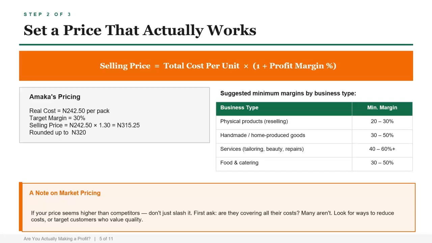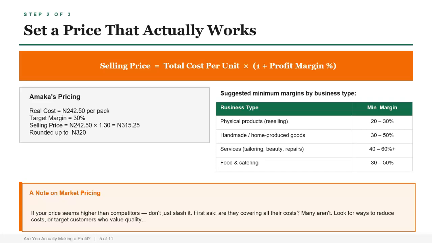What's the selling price calculation? The selling price equals the total cost per unit multiplied by 1 plus the percentage profit margin you want to make, in this case 30%. That gives you about 320 naira.